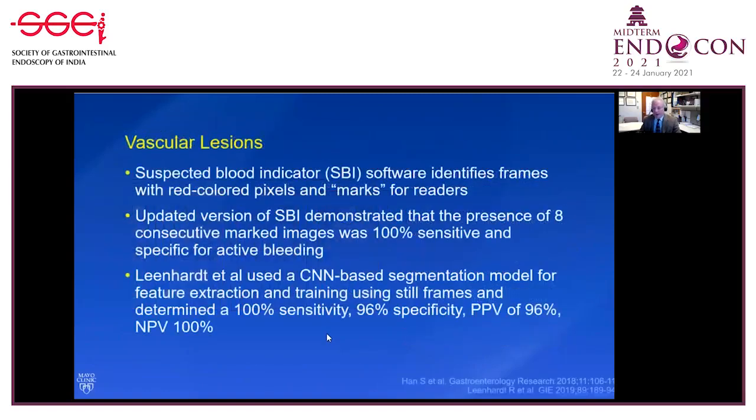And the same thing with vascular lesions as well. There are updated versions of the small bowel blood indicator that demonstrates the presence of 8 consecutive marked images, which was 100% sensitive. But using this new CNN-based segmentation model, we can get very good sensitivity, specificity, positive predictive value, and negative predictive value.